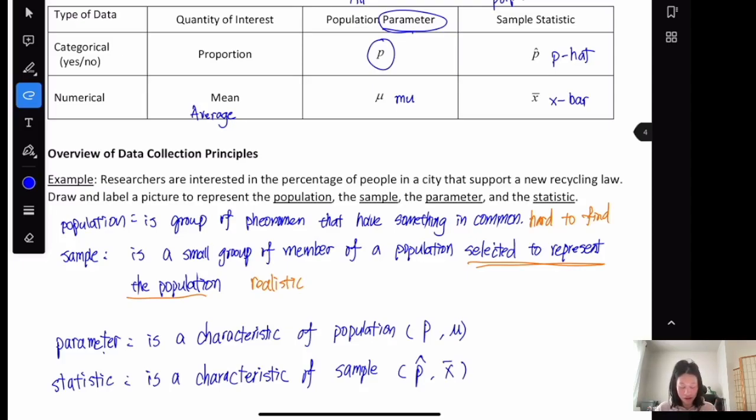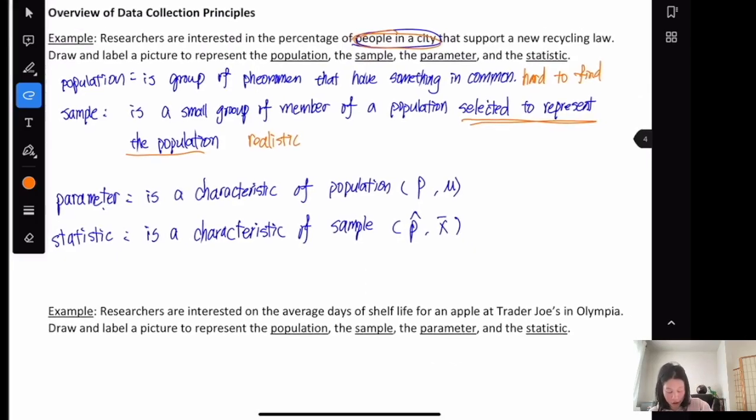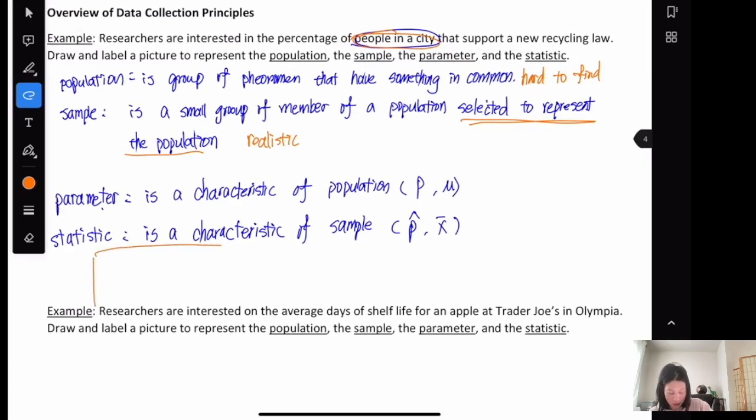So here it states that researchers are interested in the percentage of people in a city. What they want to know is about the people in the city that support the new recycling law. So our population is all of the people in the city.